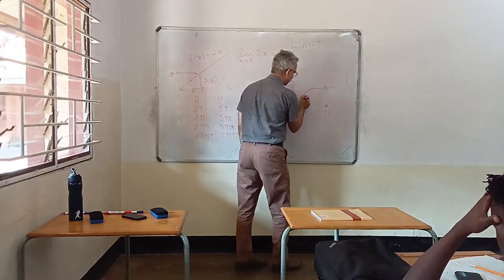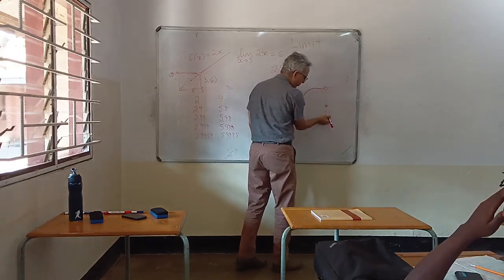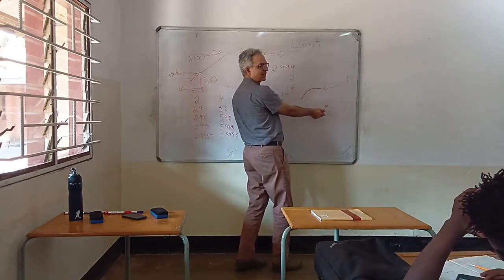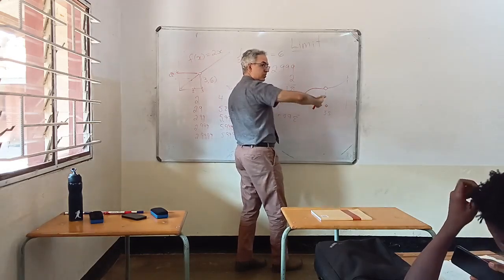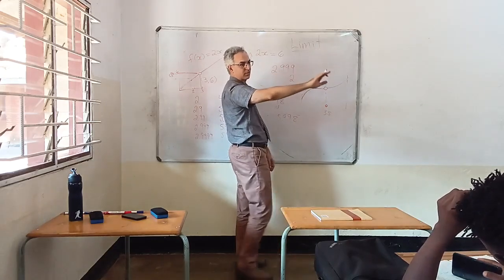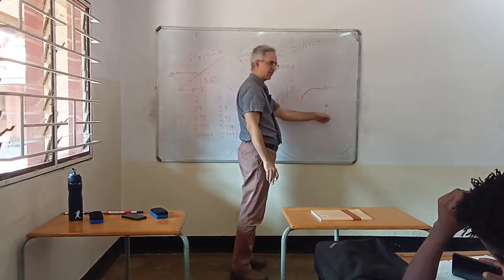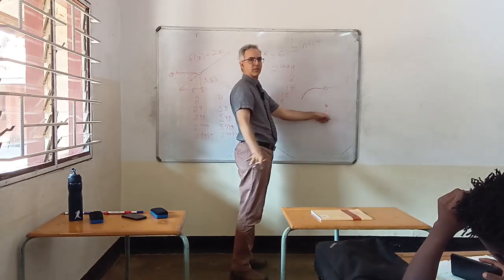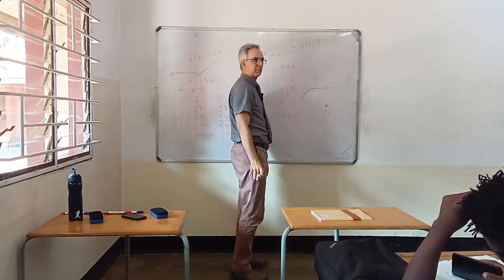It means the function exists right up to 3.49999999999, which is part of the function. 3.50000000001 is part of the function, part of the domain. But 3.5 is not in the domain. The function doesn't know what to do with 3.5.